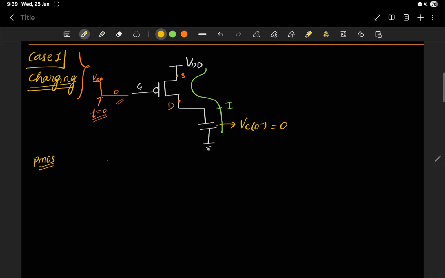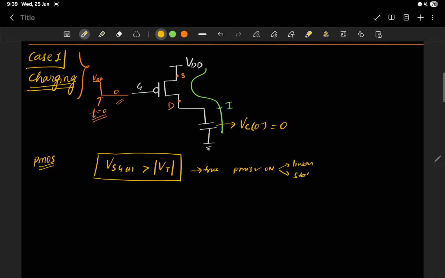My boundary condition is that VSG of t must be greater than mod of Vt. This is my first boundary condition. If this condition is true, then my PMOS is on. Then it could be in linear or in saturation. But if this condition is false, then my PMOS will be in cutoff.